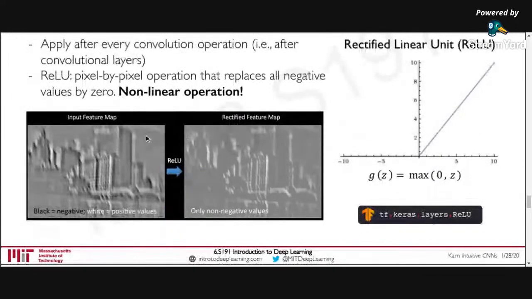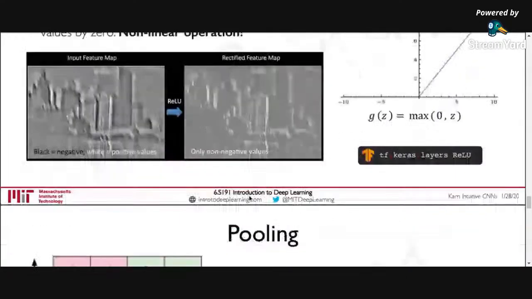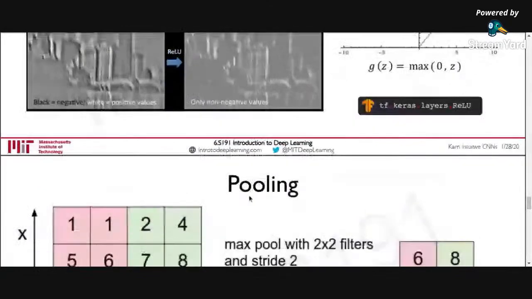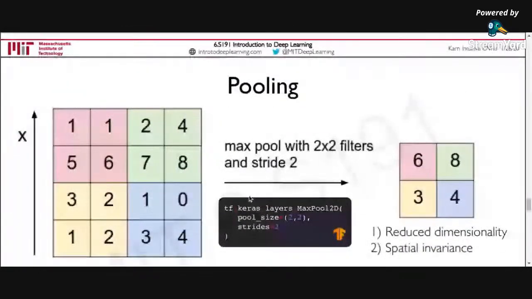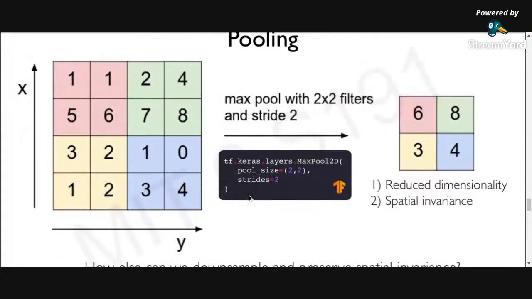So here we can see, after the rectified linear unit function, there are only white values, and it's a bit easier to look at it as well, and find out the features. To reduce the size, and to also deal with spatial invariance where there are some differences, we are doing pooling here.